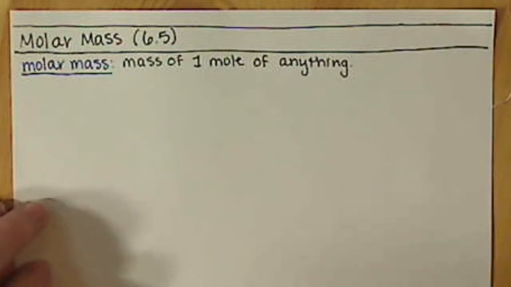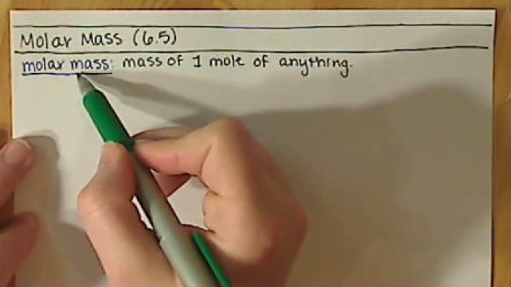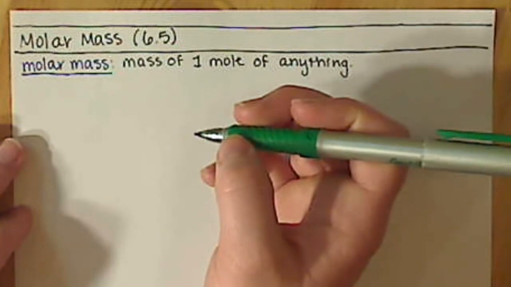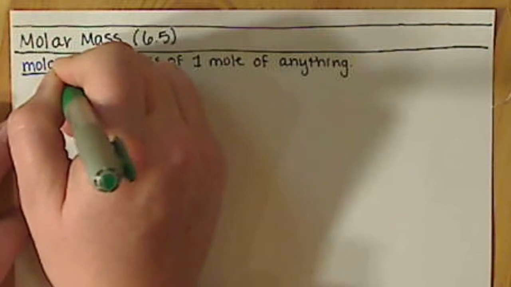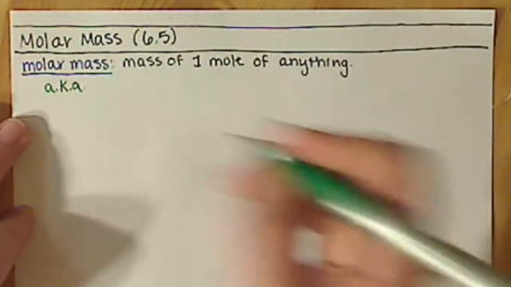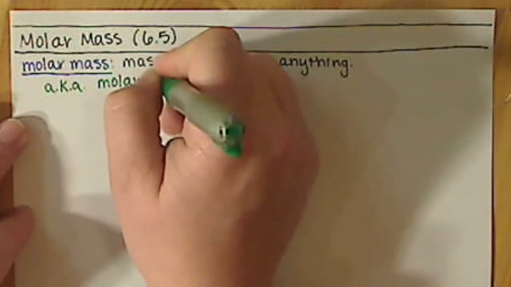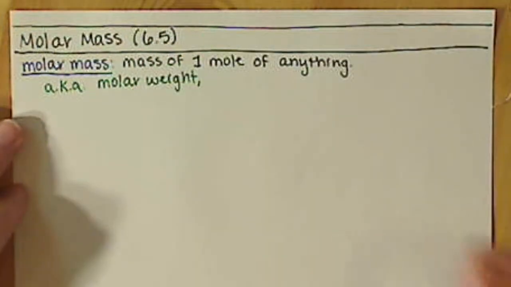Basically you can think of all of these as synonymous, meaning they all mean the same thing. A lot of times instead of mass, it's usually incorrectly referred to as weight. So, also known as, you can have molar weight. We like the term mass better in chemistry, but weight is used a lot.